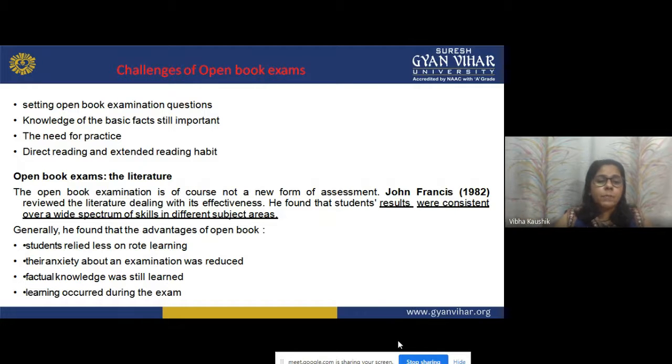Factual knowledge was still learned, and they have also learned the factual knowledge related to the content or the subject matter. Learning occurred during the exam, and this is the most important thing, that the student is also learning while he is giving an exam.